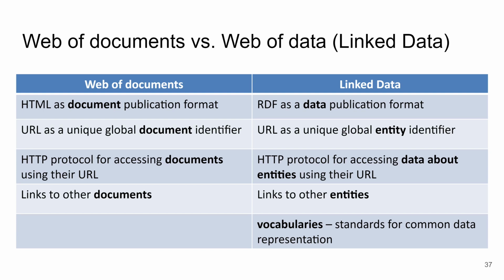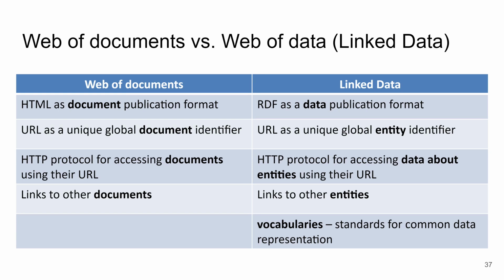We had URLs as global unique identifiers of web pages, and now we have URLs as global unique identifiers of entities. We had the HTTP protocol as the universal protocol for locating and accessing documents, and we have the same one for accessing and locating data about entities. So again, the infrastructure is already there from the web of documents. We can just use it and have a web of data.